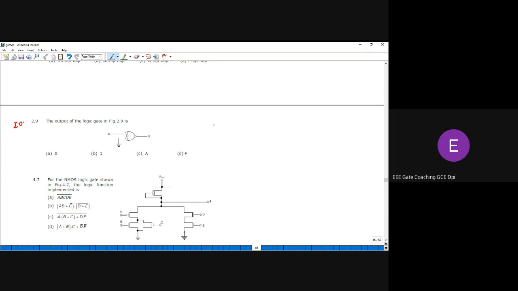So what is A XOR B? A XOR B is equal to A bar B plus A B bar. So here instead of B, they are giving us a 0, ground, that is 0. Now if you solve it, A bar into 1 plus A into 0. So this is A bar.